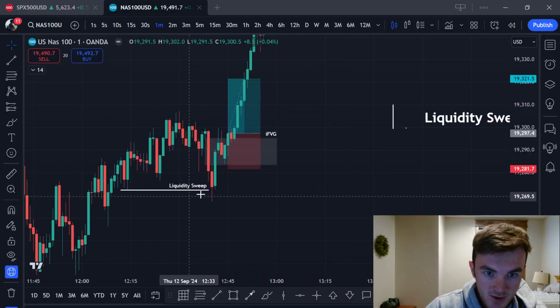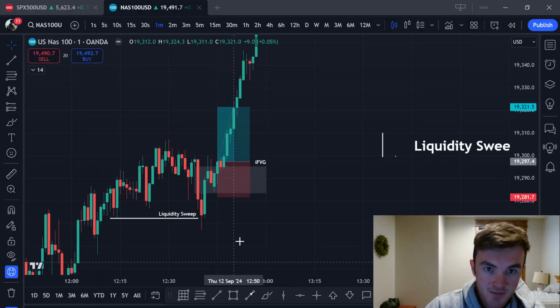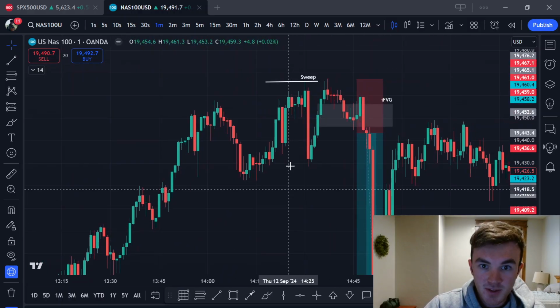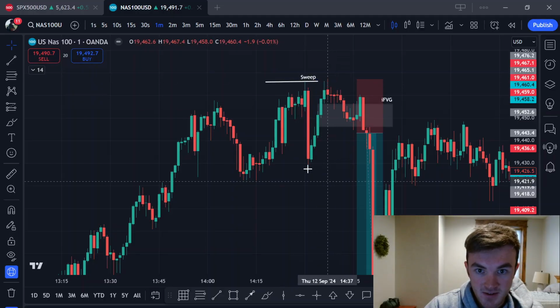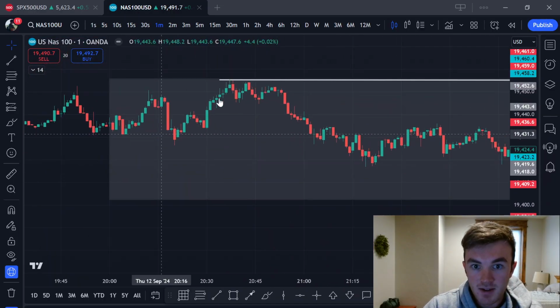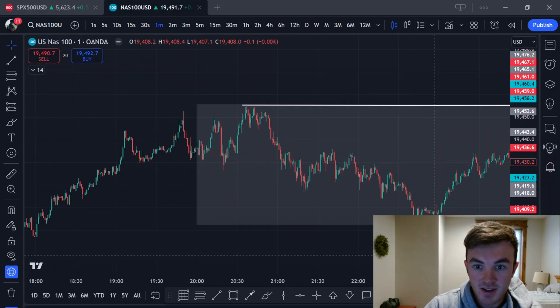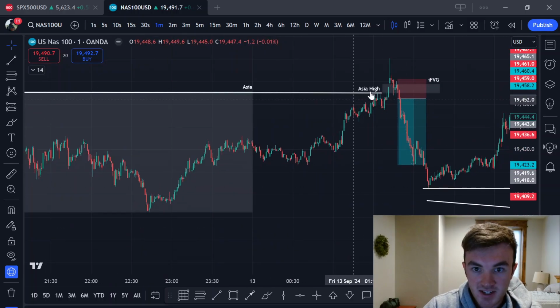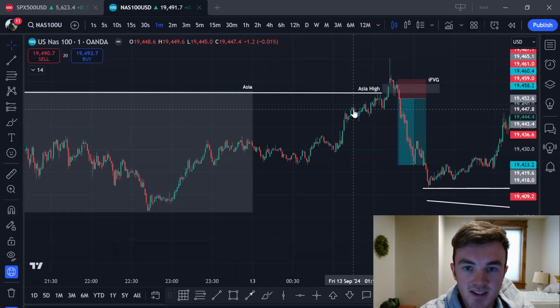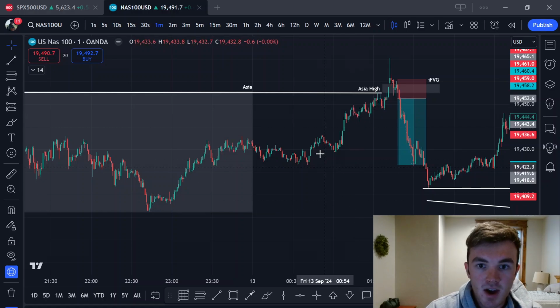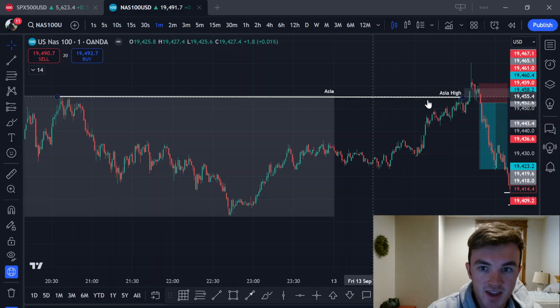Here, before you took the trade, you saw this low get taken out. Here, before this trade, you see this high get taken out. Here, before this trade, you see Asia's high get taken out. So you want to see some kind of significant liquidity get taken out. A lot of the time that can be a previous session's low, like Asia's high.